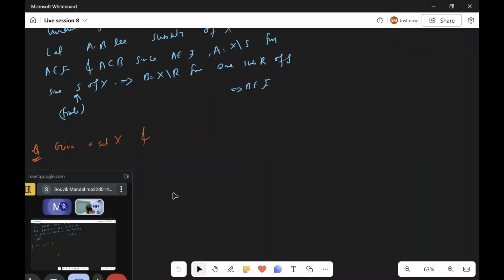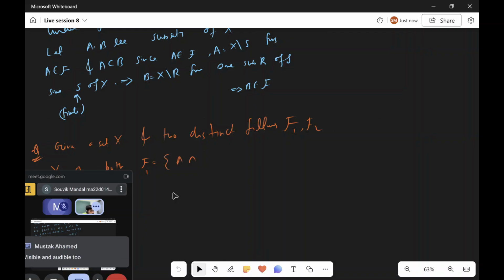Okay, so let's go back to our original question. Suppose we are given a set X and two distinct filters F1 and F2 on X. Thank you, Mustaq, for the confirmation.